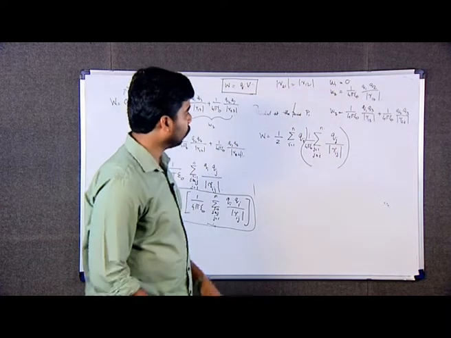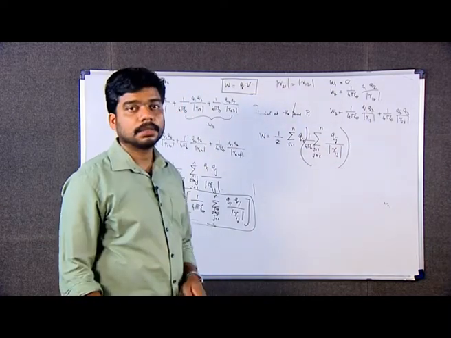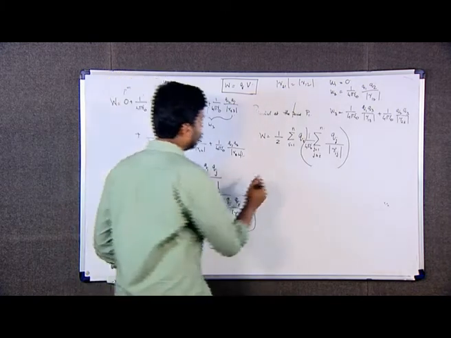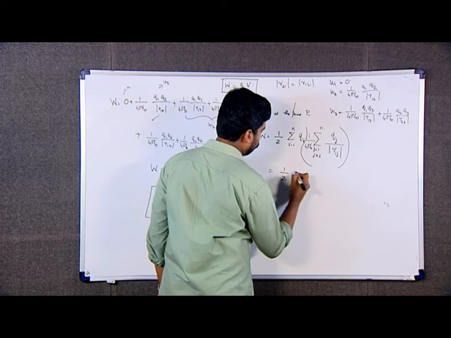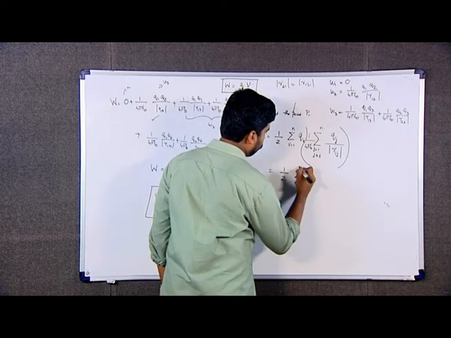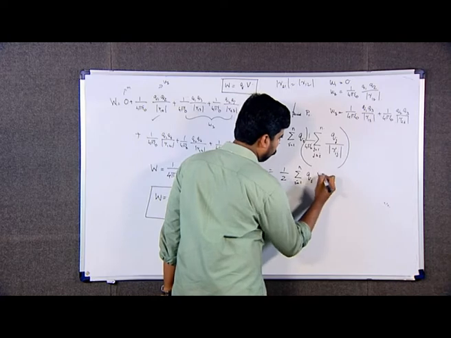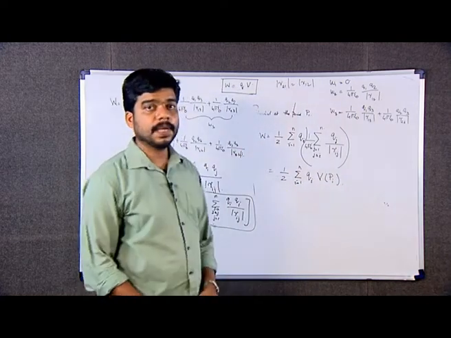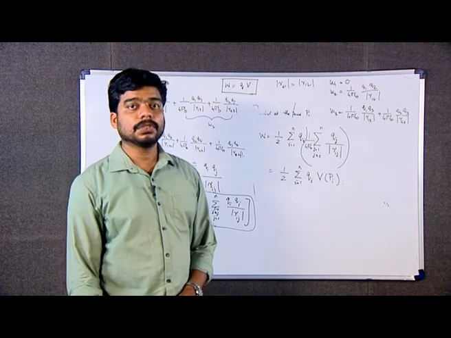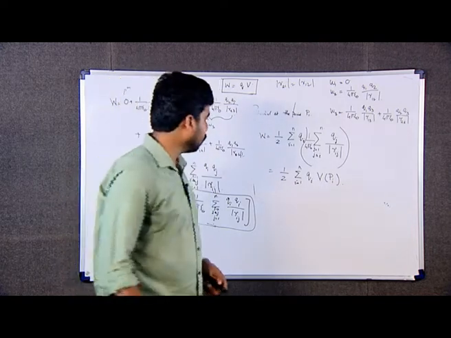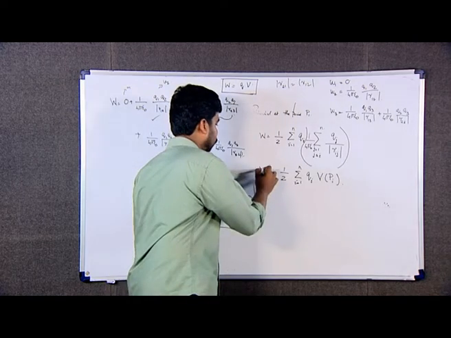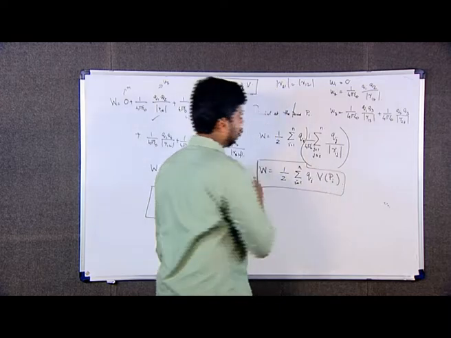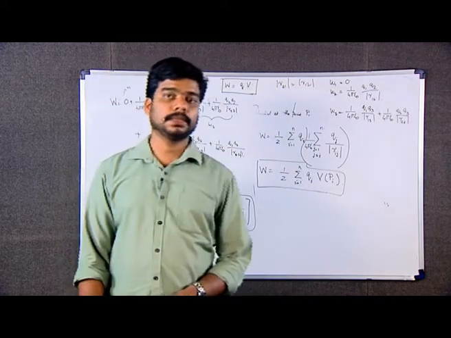1 by 4 pi epsilon 0 sigma q_j by r_ij. This is nothing but the potential, which gives W equal to half into sigma i runs from 1 to n q_i into V of P_i. So, this is the general expression for the work done to assemble n number of charges.